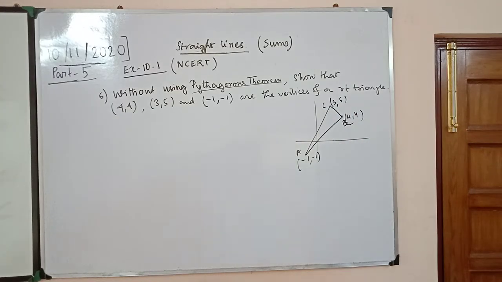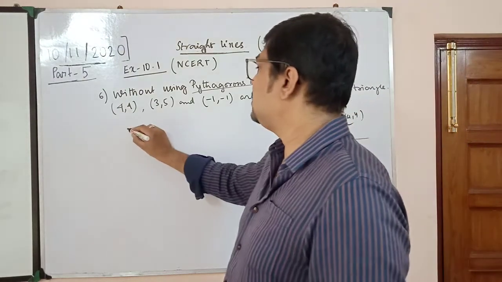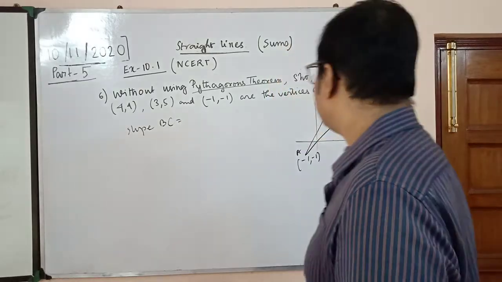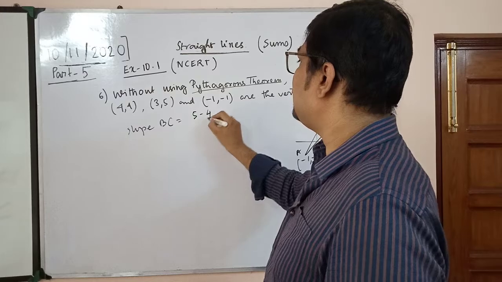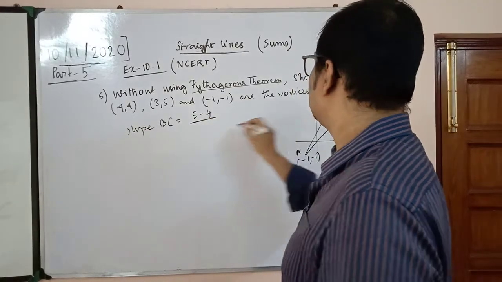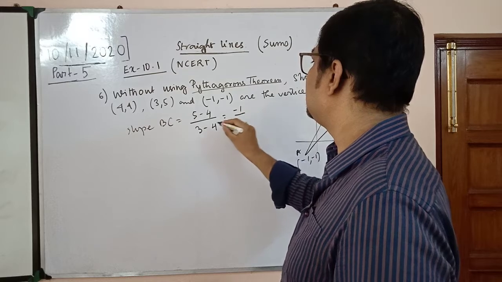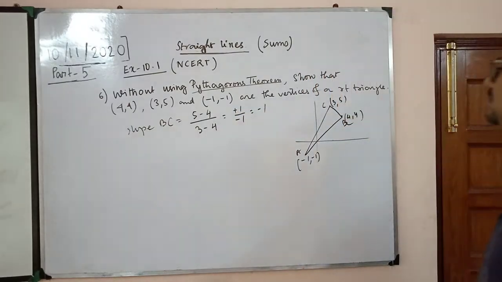What I'll do is try to find the slope of this. Let us find the slope of BC. What is slope BC? y2 minus y1 by x2 minus x1, so I get minus 1.